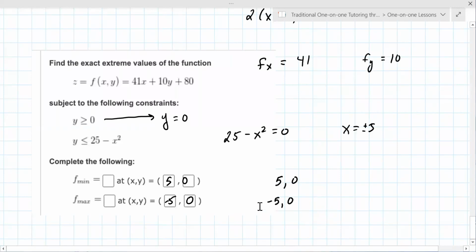I'm sorry, actually, because these could be reversed, let's plug in the numbers to figure out which one is bigger and smaller. Okay.